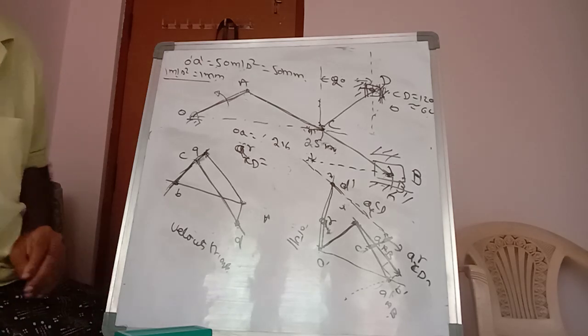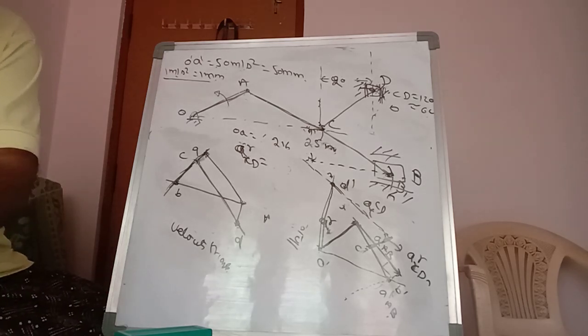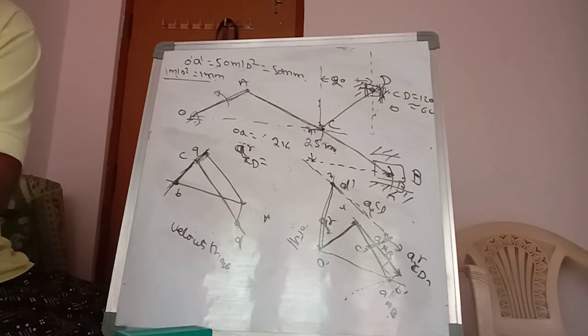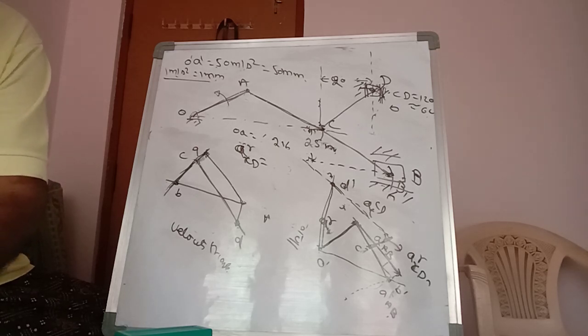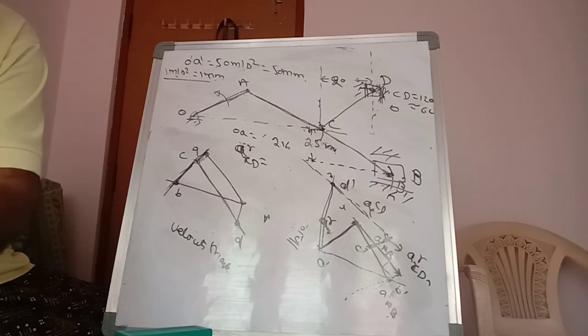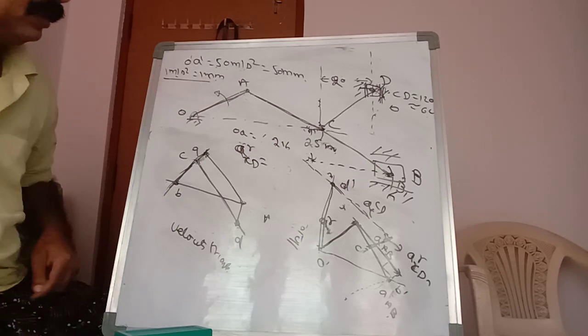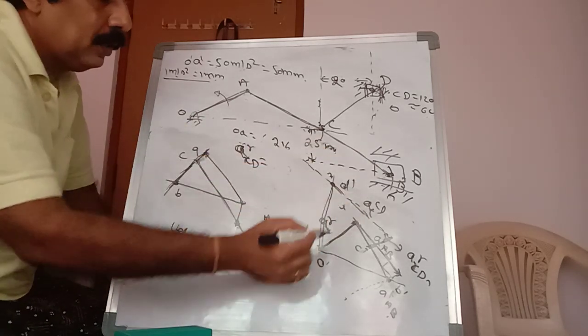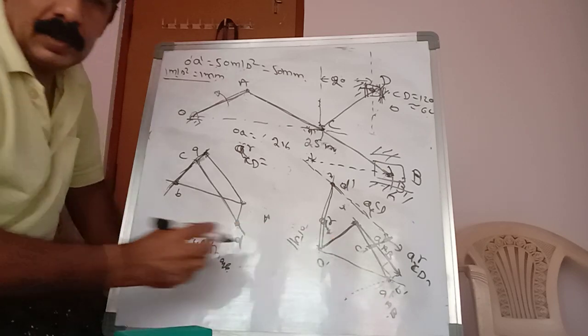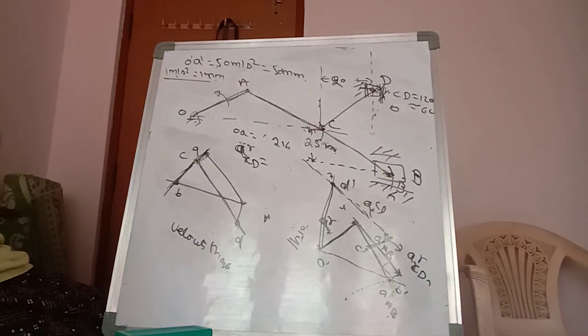Now what do you have to find out in the problem? We have to find the acceleration of B and the acceleration of D. The acceleration of B is nothing but the length O dash B dash, so measure the length of O dash B dash.